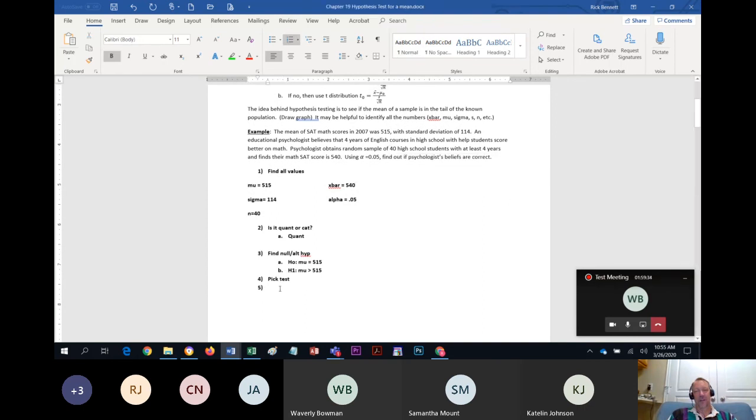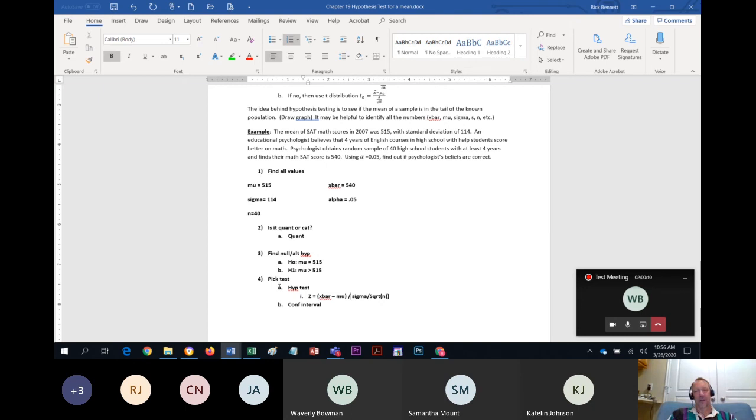This is one thing we can actually do two different ways. We could do the hypothesis test, or we could do the confidence interval. So I would like you guys to get in the habit of doing both. For the hypothesis test, we're going to use Z equals X bar minus mu divided by sigma over the square root.